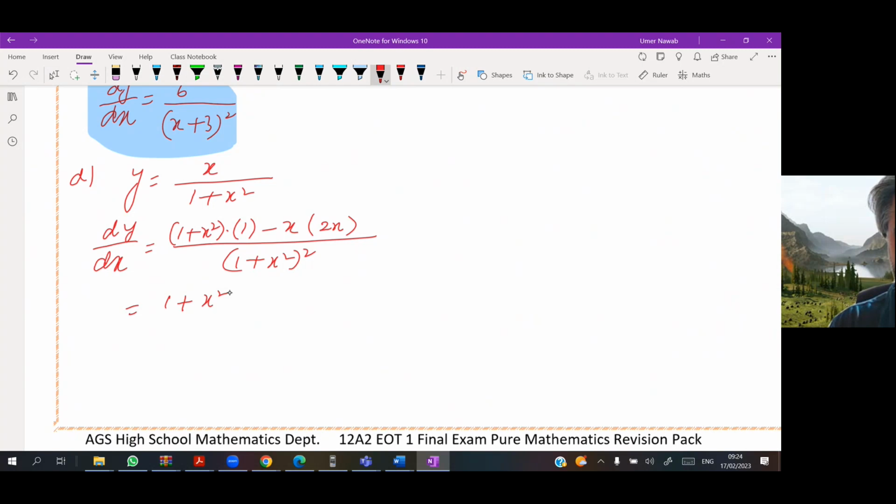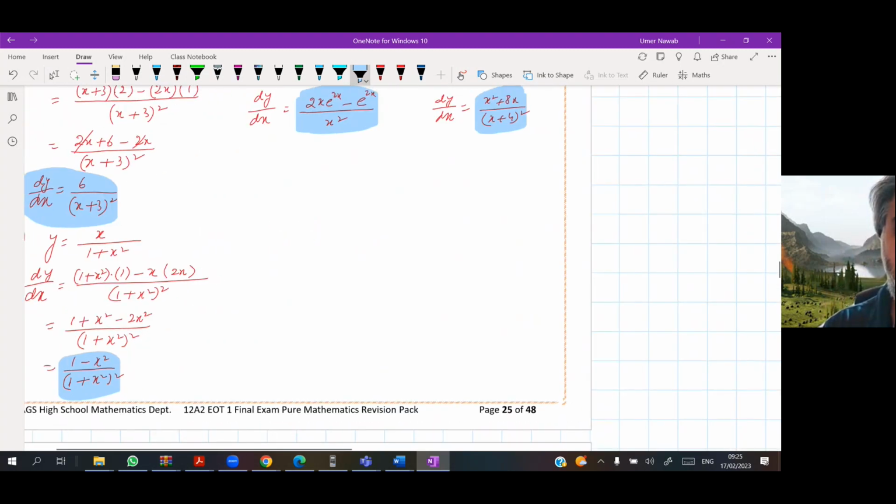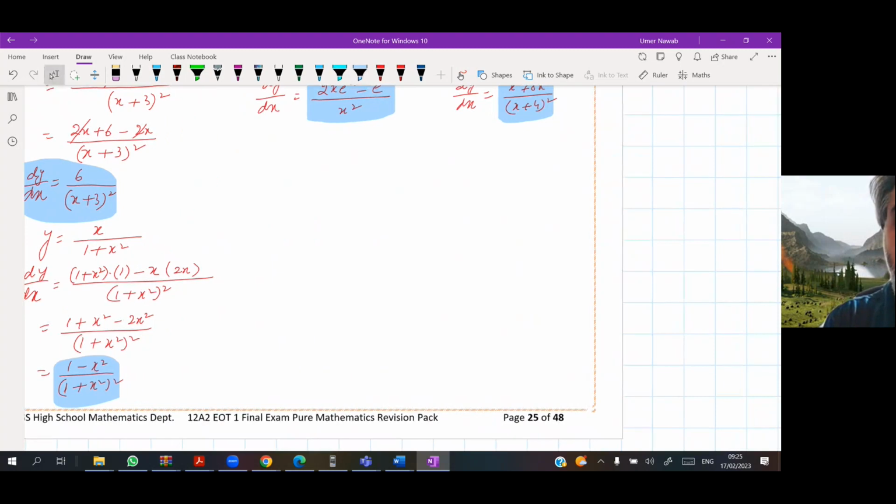Open the brackets. Simplify the numerator. And that's the final answer. Now go to the E part. y equals 3x over 2 minus x.